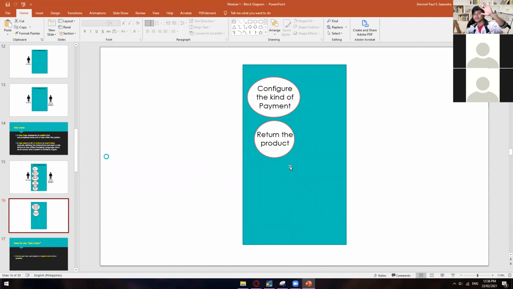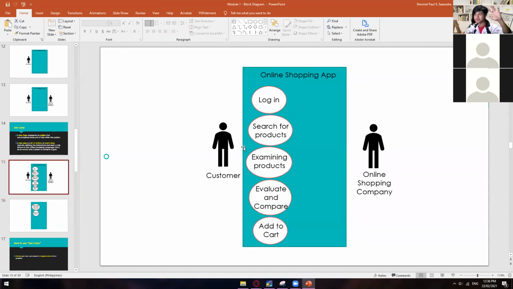Sir, question. Yes. The online shopping company, you can consider that as sellers in the online shopping app. Sellers. Yeah, the relation of the online shopping company with the online shopping app. Mm, yeah. So the right side again is the reactionary.